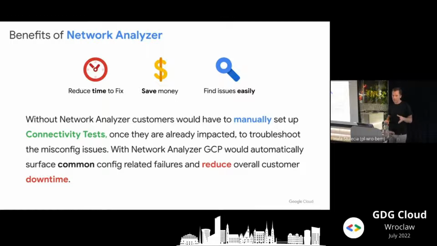I want to highlight that common configuration issue, because what our Google Cloud team did with Network Analyzer is they took all the issues that are either cloud blockers for our customers or are generating a lot of issues for our support team, and they tried to order them and build analyzers for those most impacting and most important issues.